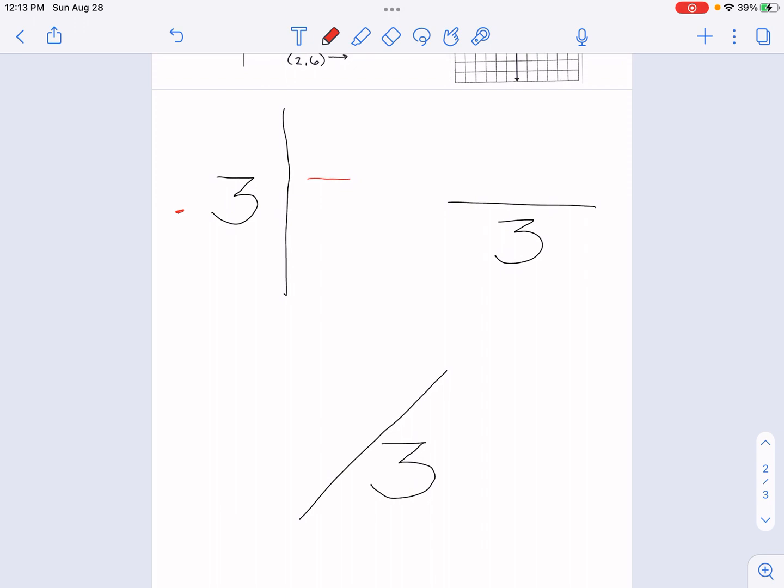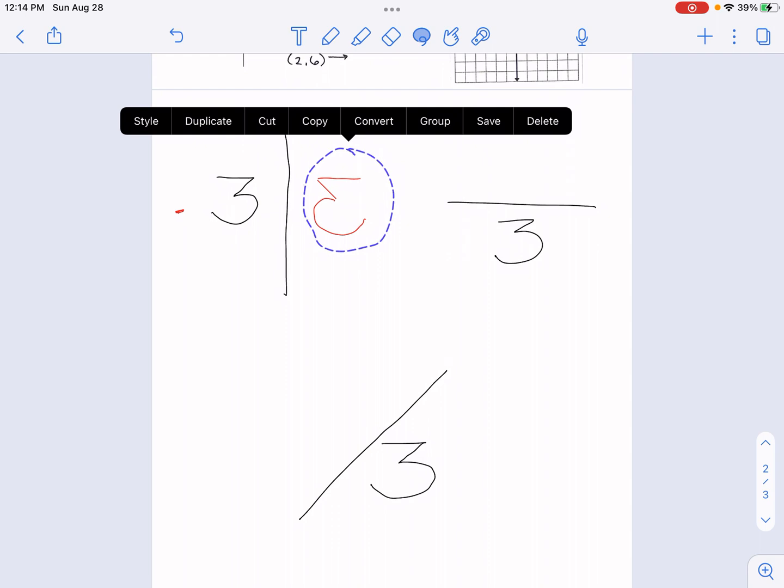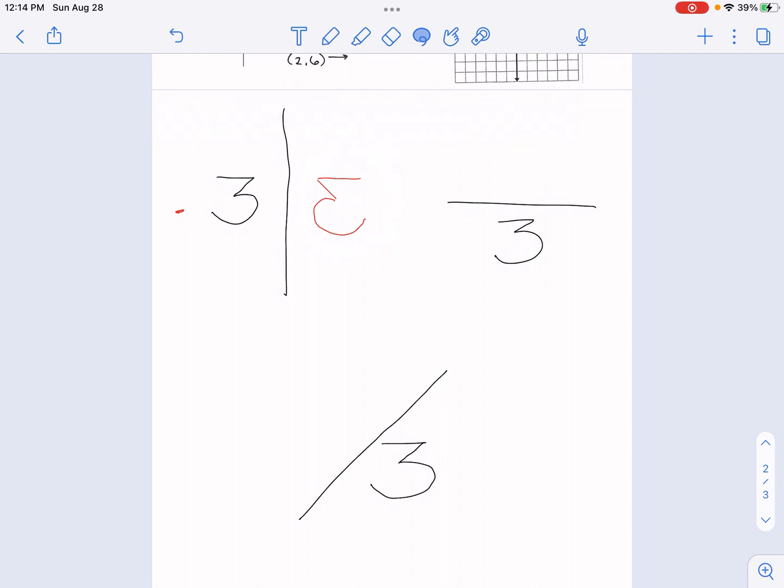But it's going to be a backwards 3. So it's going to come from this way, and then curve the other way like that. So that's a mirror image. Now, if I take this, we get somewhat the same as the pre-image. The orientation has changed. Instead of that 3 facing the left, it's now facing the right.